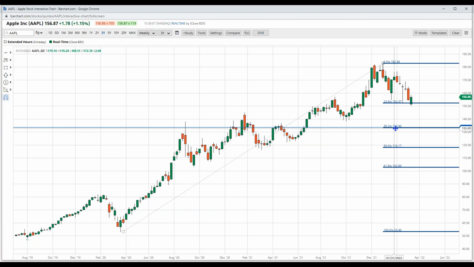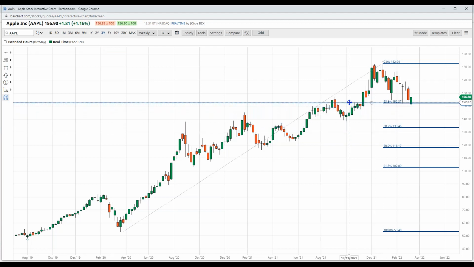Again, what were some of the things I said to look for? We're not going to take these numbers as hard numbers. We want to make sure we have some kind of technical analysis that backs up these numbers. For instance, this number here, if I bring this little line up here, what is going on at this level? Well, we had a nice rounded bottom where price gathered energy and then it broke out.